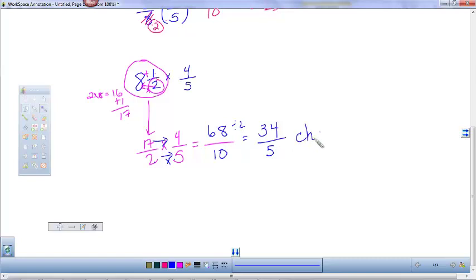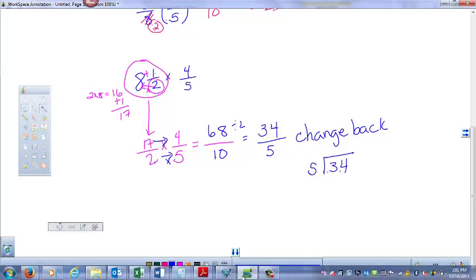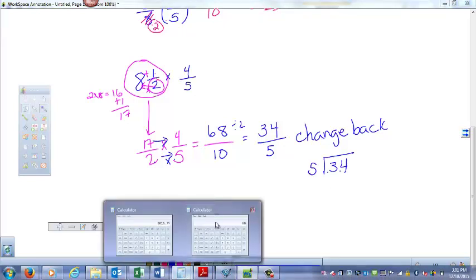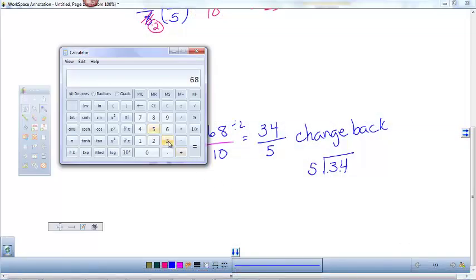And then I change it back. So 5 can go into 34. If I use my calculator, 34 divided by 5 is 6.